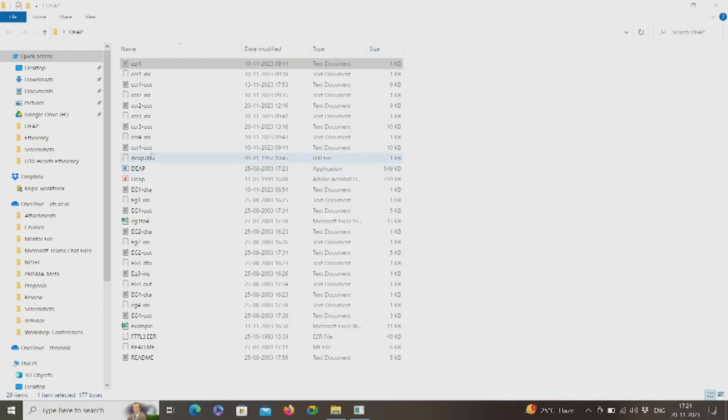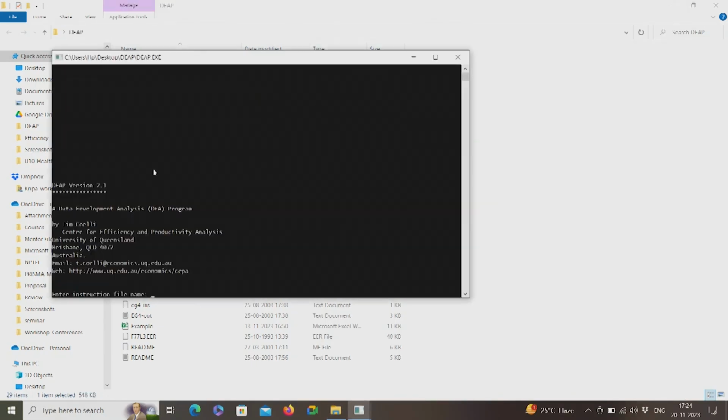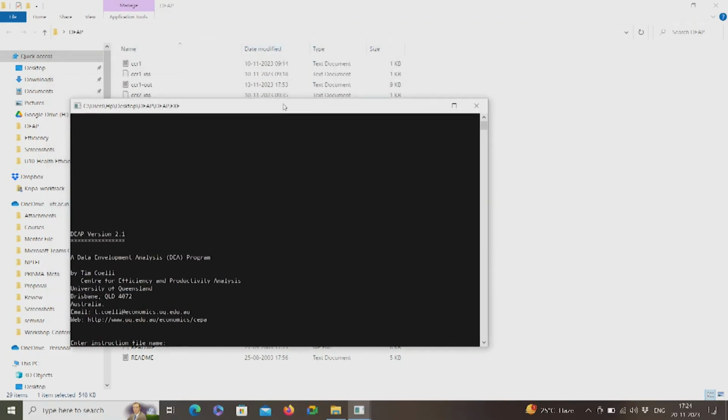Now, the DEAP and output file is also already mentioned. So, we have to simply specify the instruction file name, okay, and need to enter. And we know that our instruction file name is CCR1 hyphen ins. This is what we need to just enter.